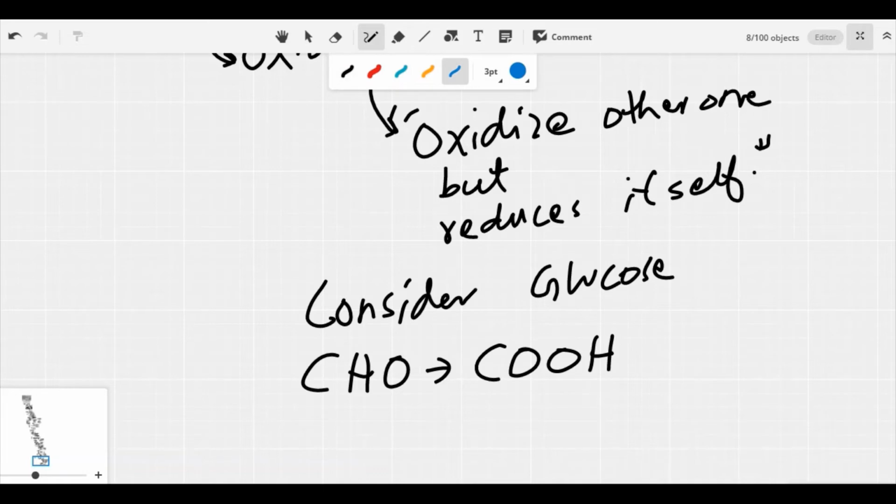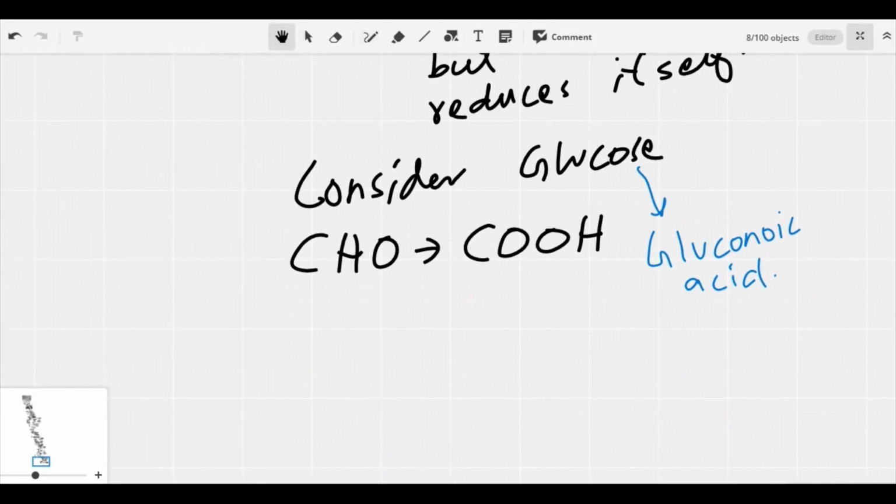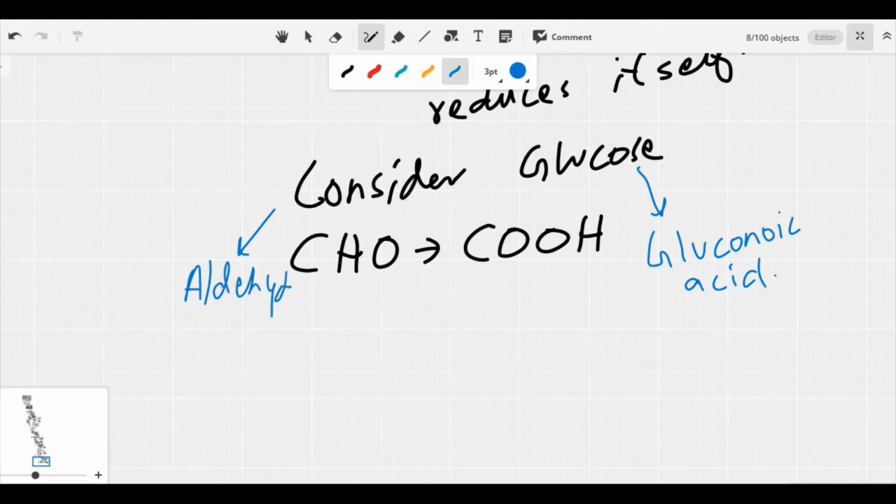So it results in the formation of gluconic acid from glucose. Okay, and the second one, the first one is in case of aldehyde. Here you can see.